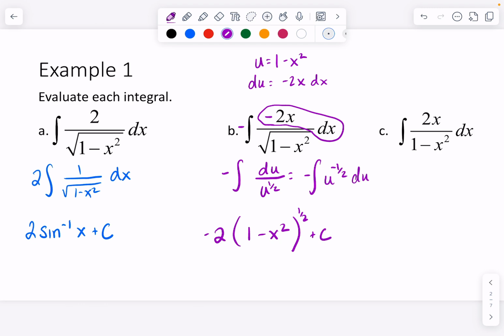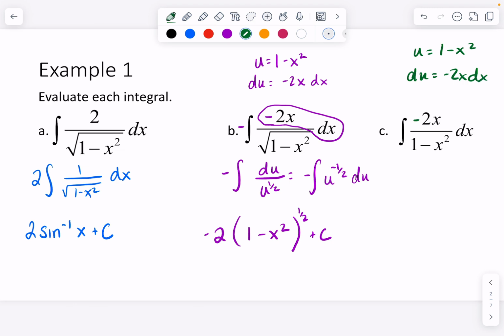Now the last one kind of looks like an inverse tangent, but to be inverse tangent, you'd have to have 1 plus x squared. And you also have the 2x on the top, so that can be deceiving. So that one's also a u substitution. And make sure that you write your u substitution correctly. So my du is negative 2x dx.